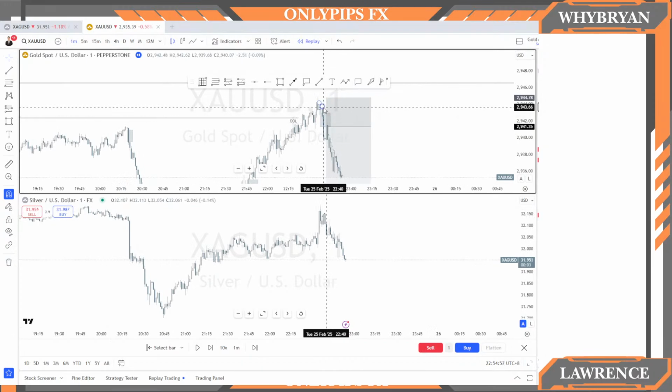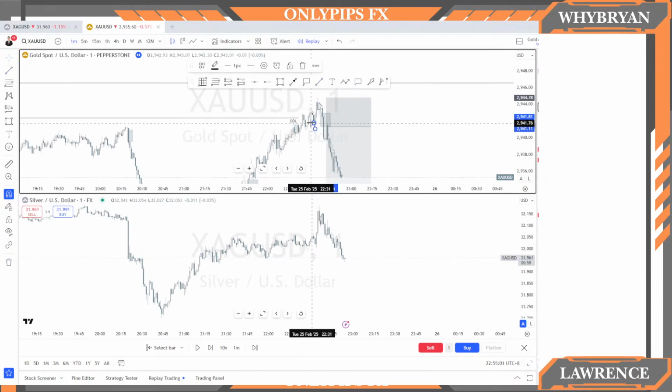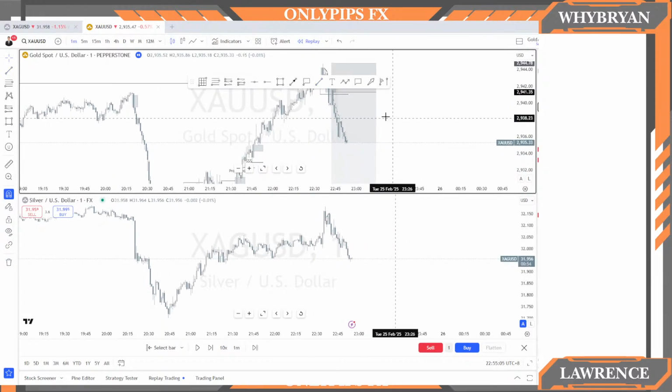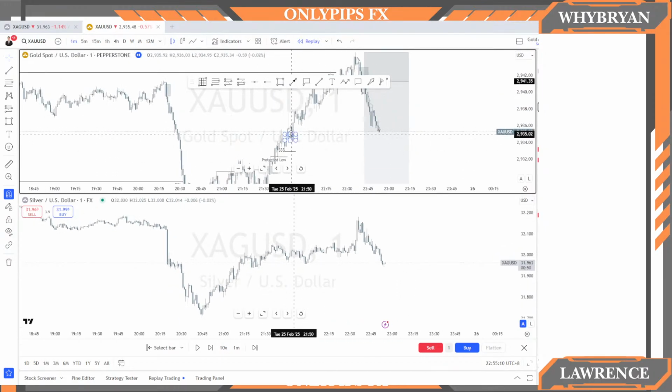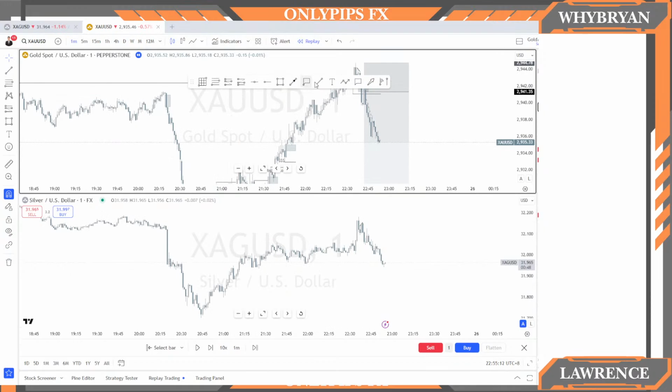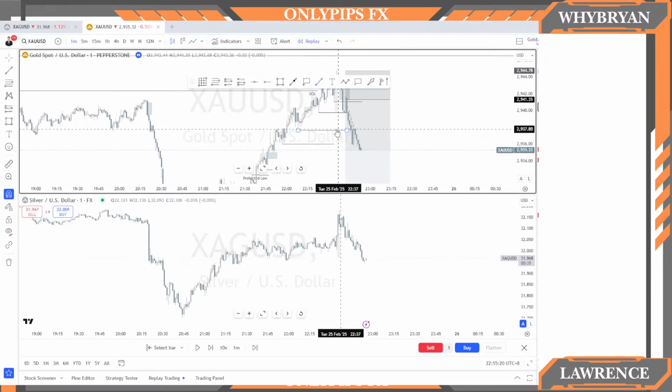So the moment the price created this huge breaker right here, respected it and just continued to dump, I think this low won't be holding, because every engineered swing low is a drawn liquidity. You can see it right here. These are all the liquidities.